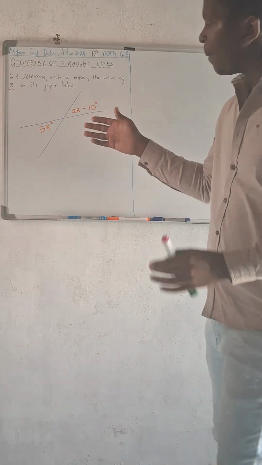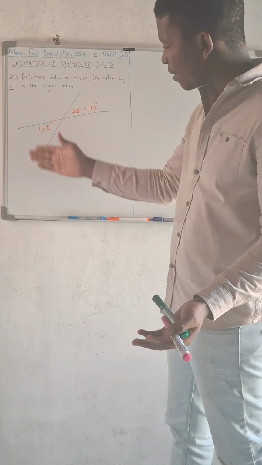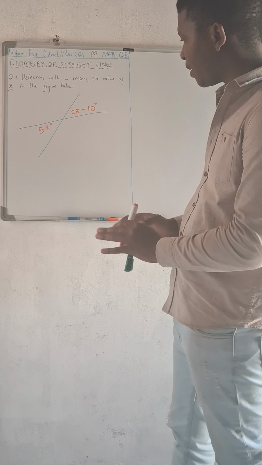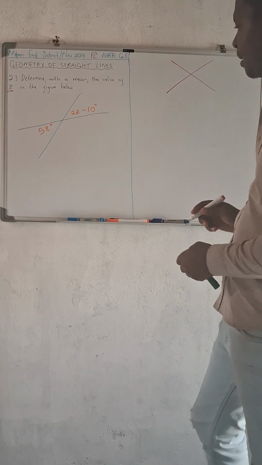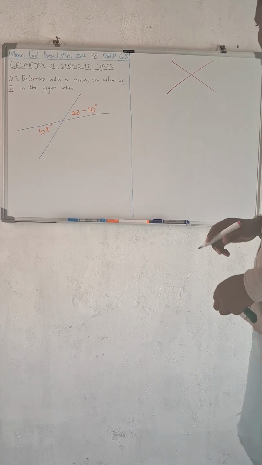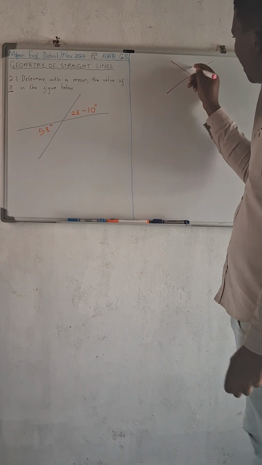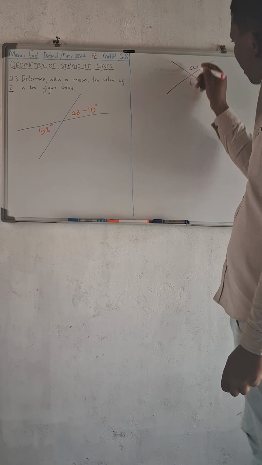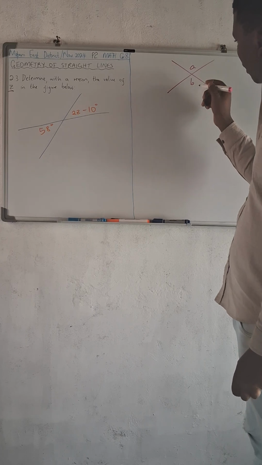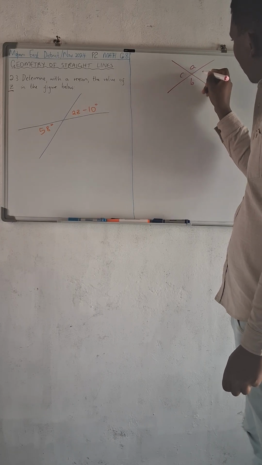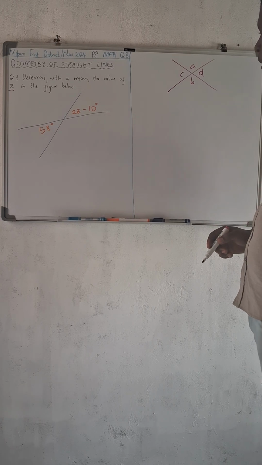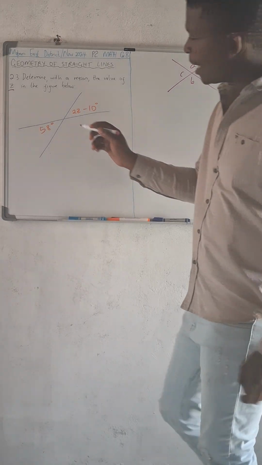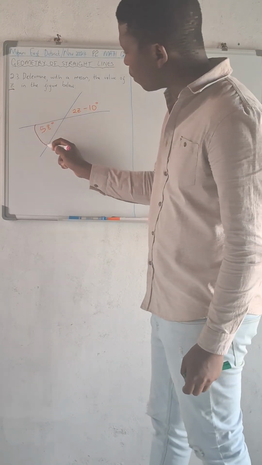I always say that when two straight lines cross, straight lines, no curve, nothing, two straight lines, A is equal to B, they are vertically opposite to each other. Then C is equal to D, again they are vertically opposite. As you can see here, I always advise learners to circle the two given angles.